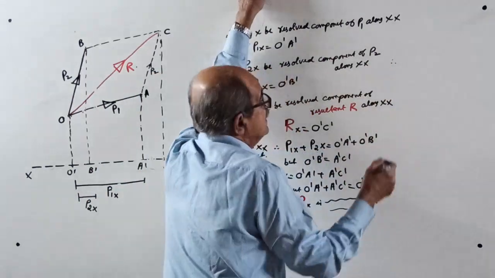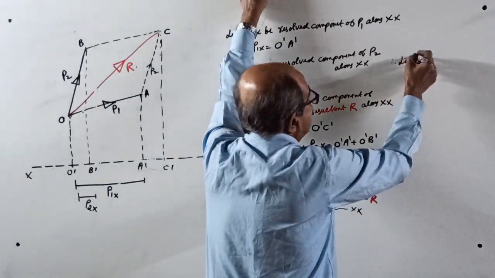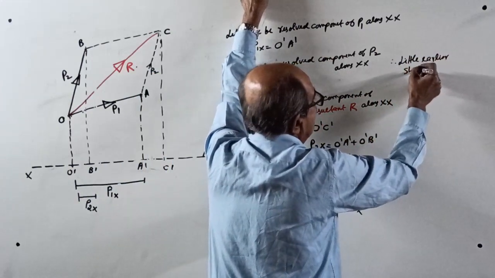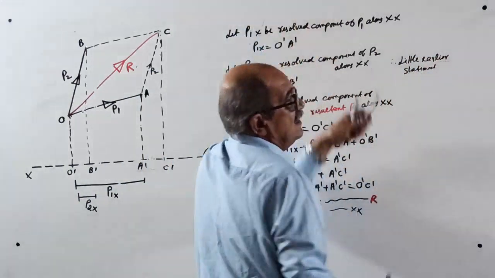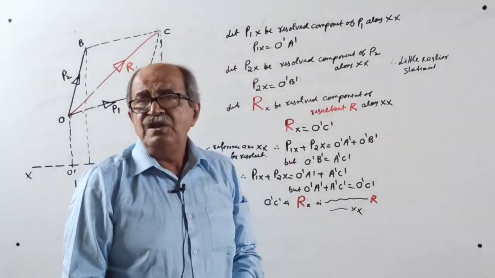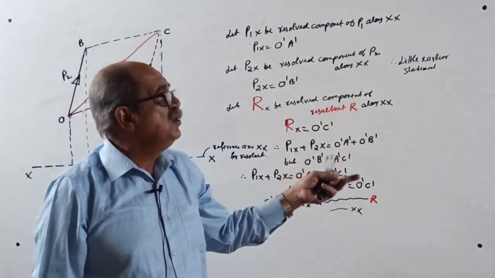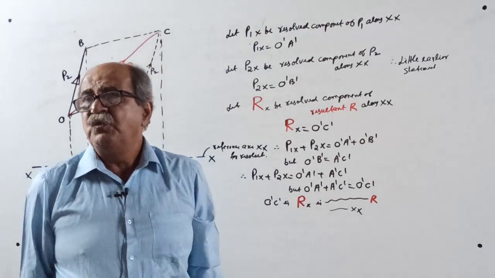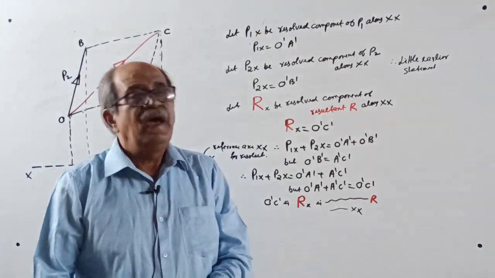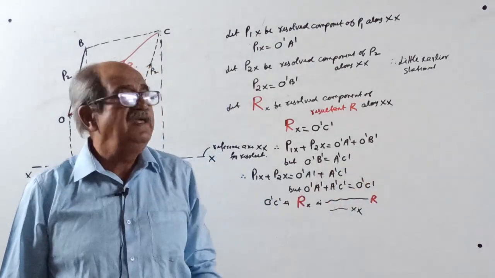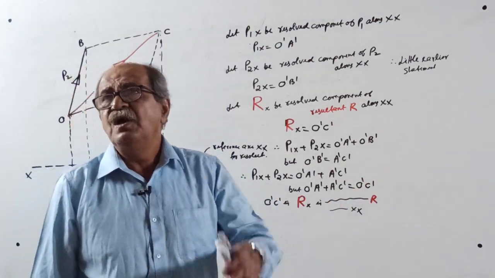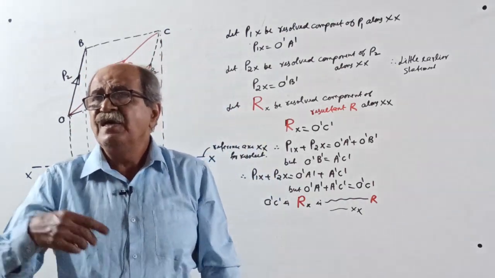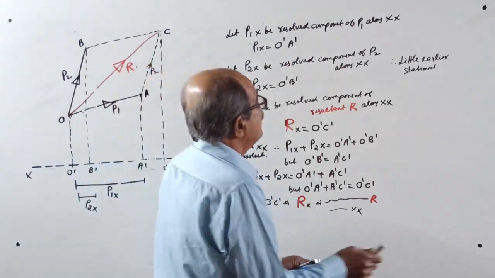Therefore, the little earlier statement, you write there. That is, the algebraic sum of the resolved components of all the forces for a given force system along any axis is equal to the resolved component of the resultant along the same axis. Write once again if you want.